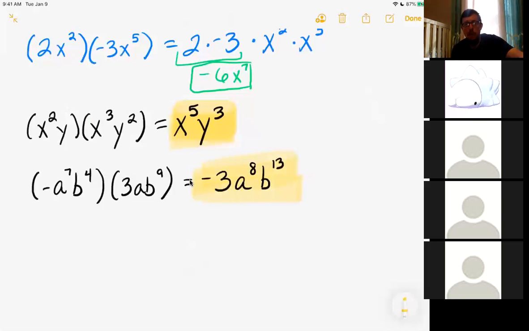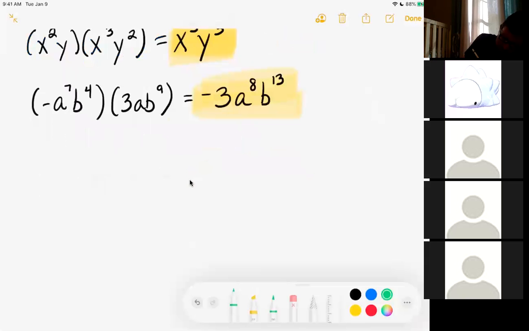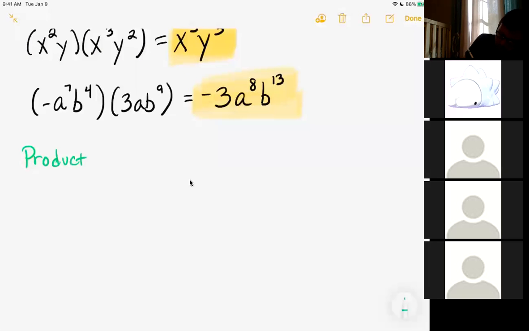So that's the power rule. Let's move on to the product rule. So the product rule looks like this.